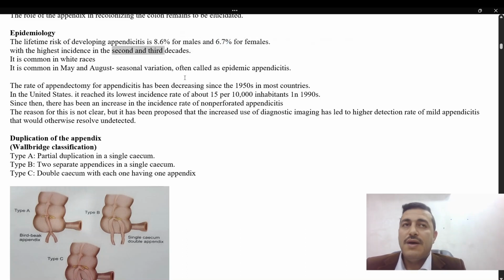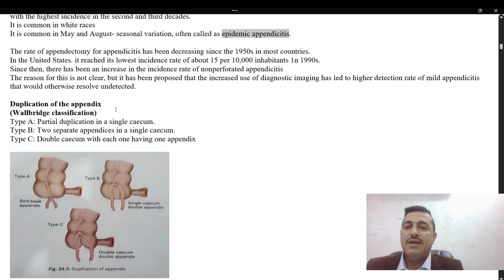It's not in newborns or children. It's common in whites, and it's common in May and August. This variation is so-called epidemic appendicitis.